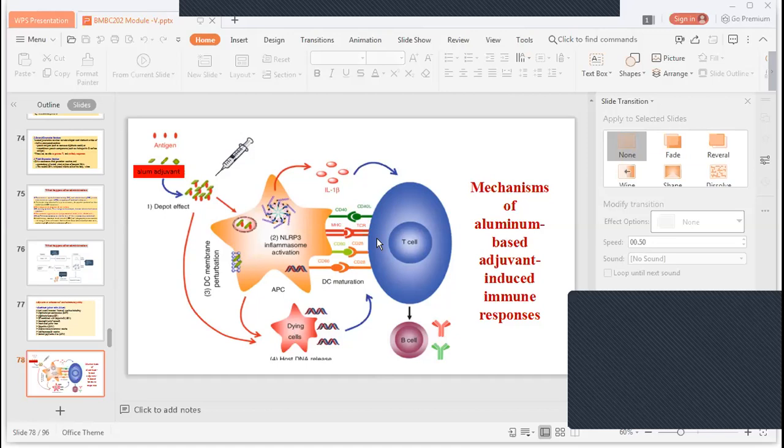So it will stimulate T cell activation as well as T cell differentiation, meaning CD4 and CD8 type of cells, cytotoxic T cells or helper T cells. Then the T cell will induce the B cell to release antibody.